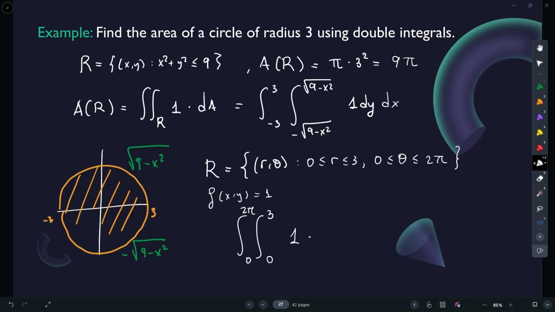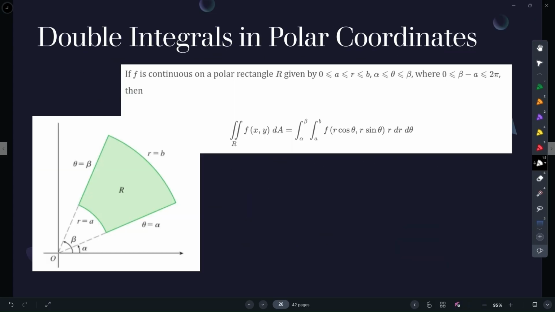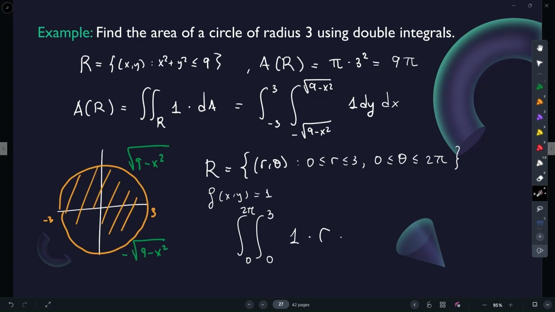And now I have to multiply by the conversion factor of r, and then what is the order of integration? dr d theta. I can figure that out too because r is going from 0 to 3, so that is the first one. So dr is the integration on the inside, with respect to r, and then the integration outside is with respect to theta.